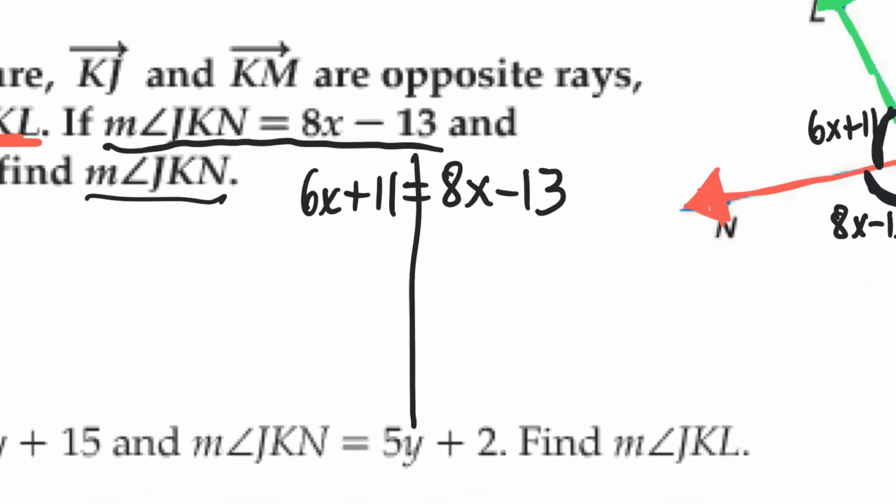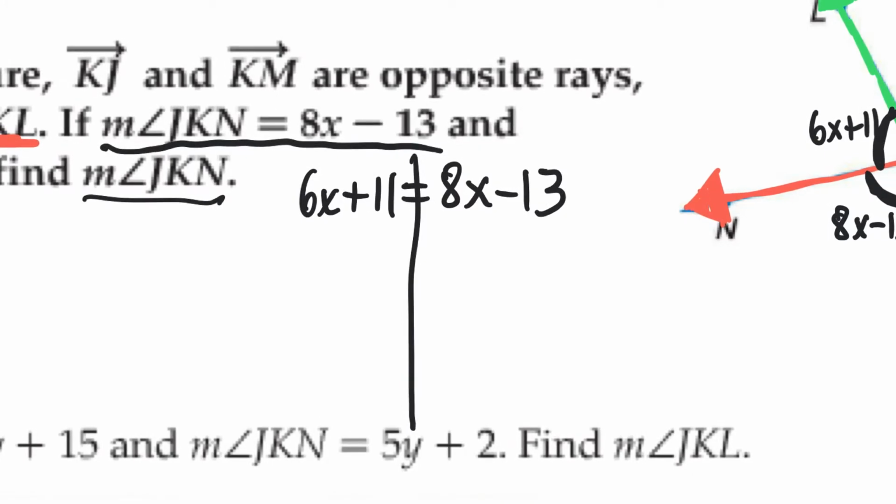I want to get my x's together, so what should I do? Minus 6x. Subtract it. Because on the left-hand side I want those x's to zero out. So that turns into a 0. And that's 2x. So that leaves 11 on this side, and 2x with still the minus 13.